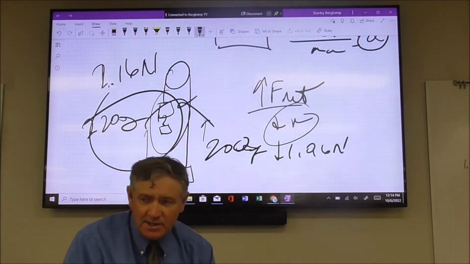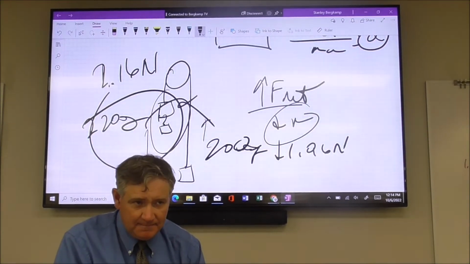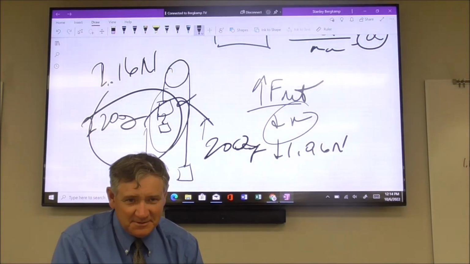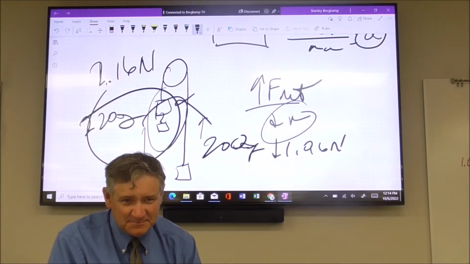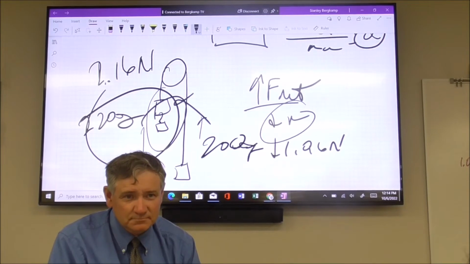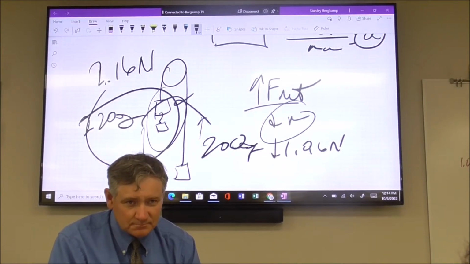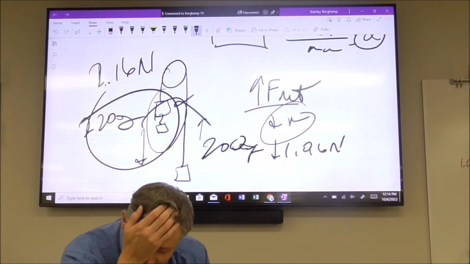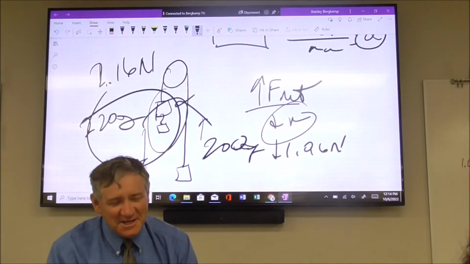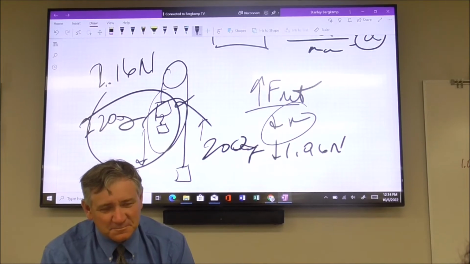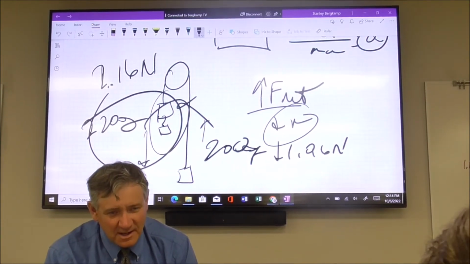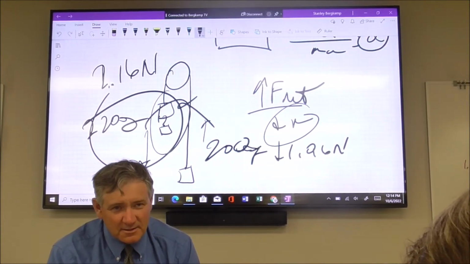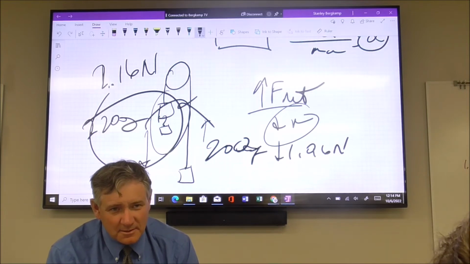All right, any questions on that lab? For the force applied problems on those, the 200 grams, 220 grams, 220 grams is a force applied, but would that be a negative force applied?